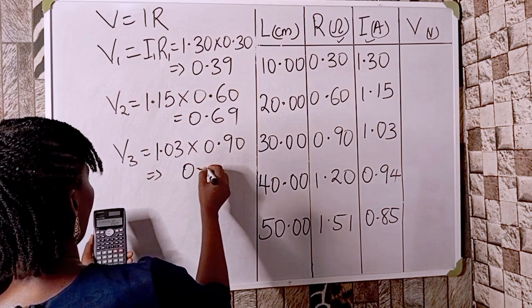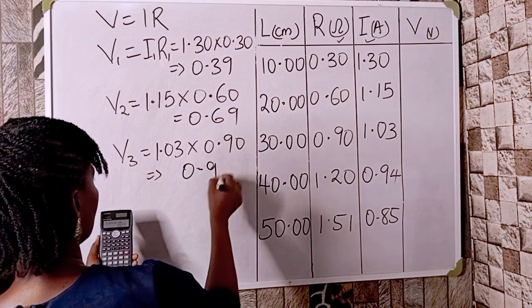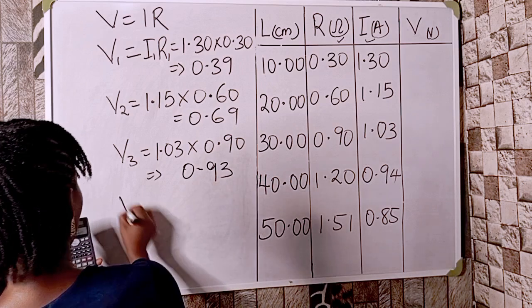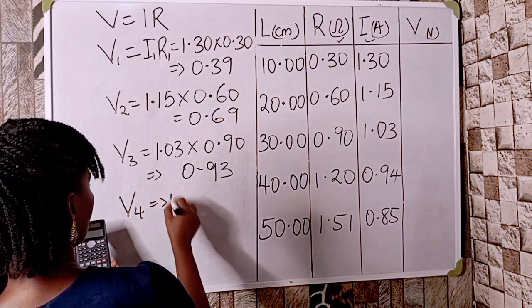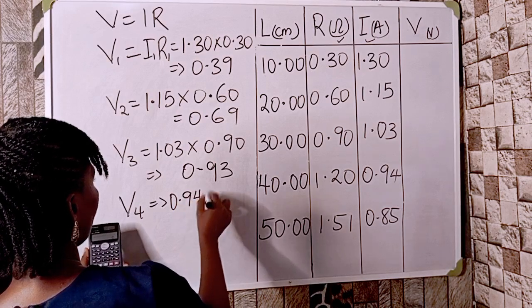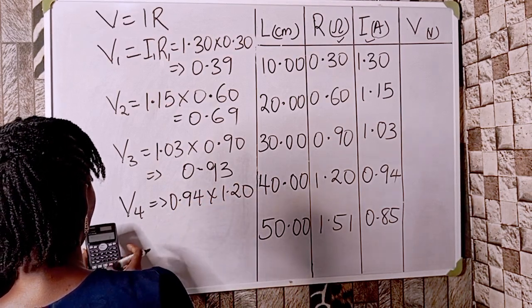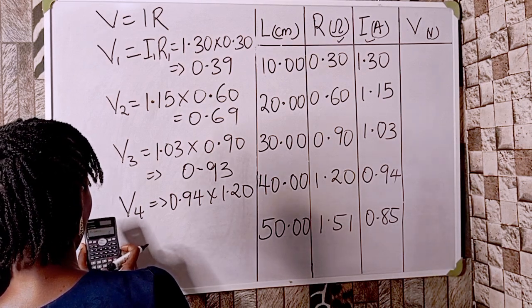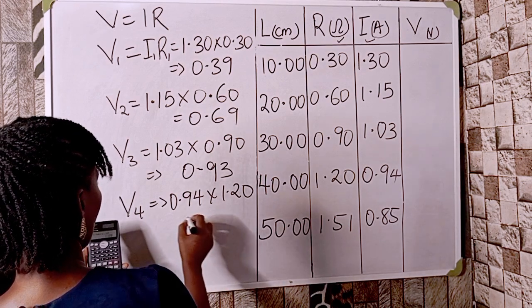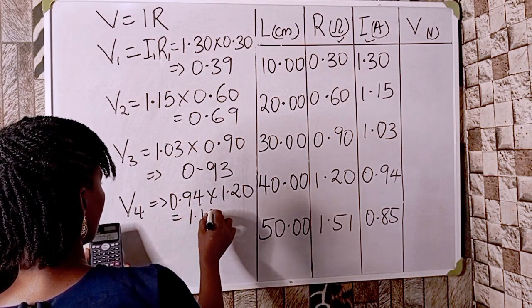I have 0.93. V4 is 0.94 times 1.20. I have 1.13.